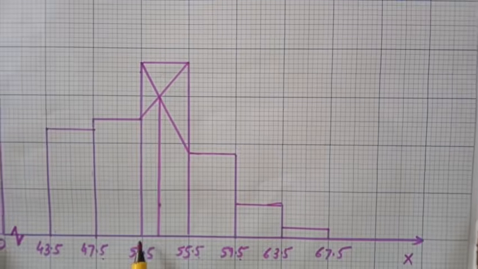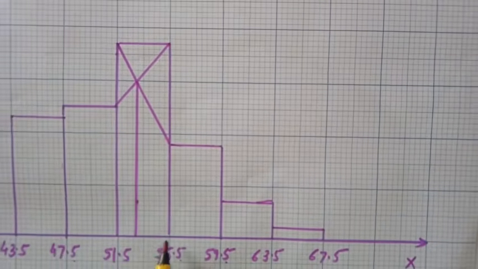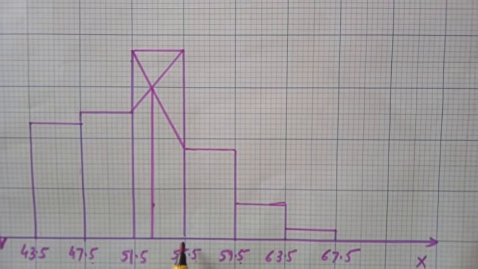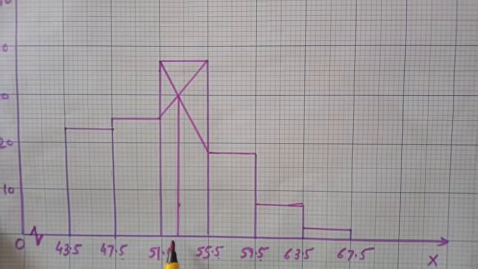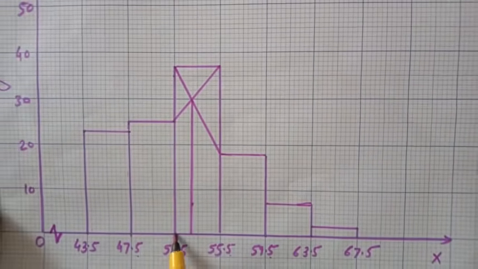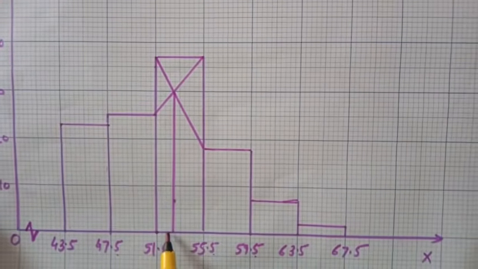Here these small parts, that is 10 parts meaning 2 centimeter, are equal to 4 units. It means 2.5 parts will be equal to 1. So here we can see this point is 51.5. Till here we will reach 52.5.